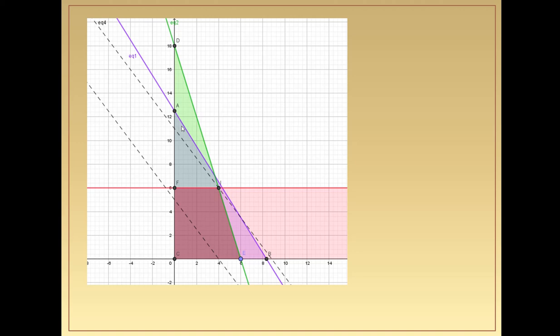The workshop only has 54 grams of steel, and to produce a unit of boys watchband, the workshop uses 9 grams of steel and girls watchband uses 3 grams of steel. So 9x1 plus 3x2 must be less than or equal to 54. 54 divided by 3 gives us 18. The green line represents the second constraint.